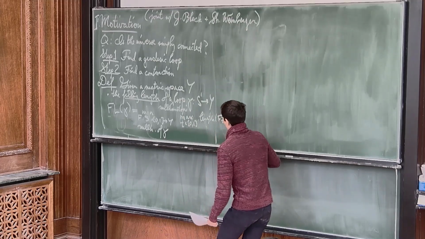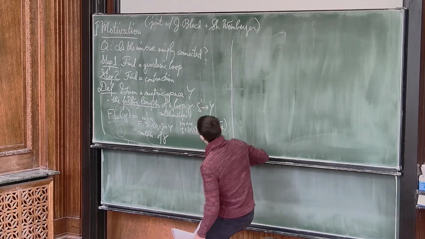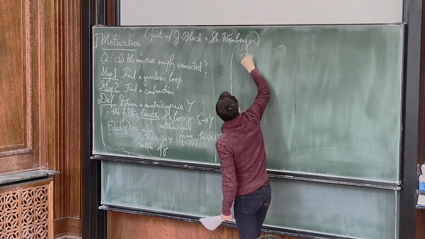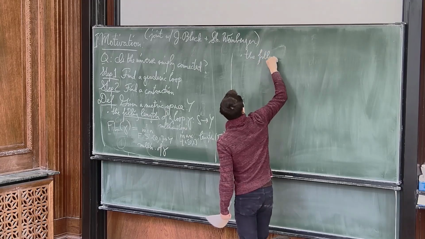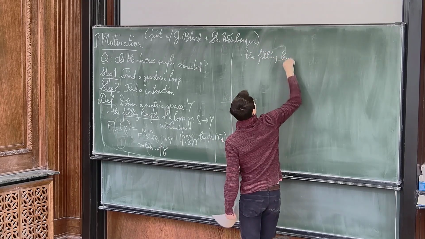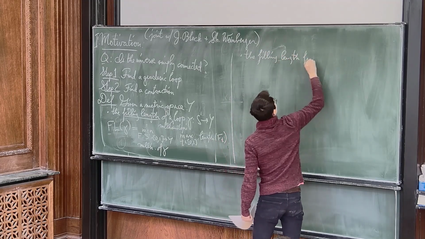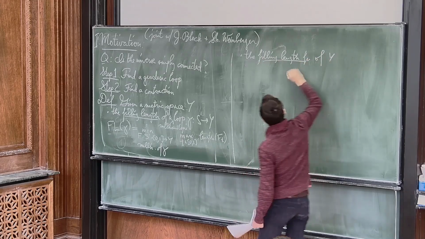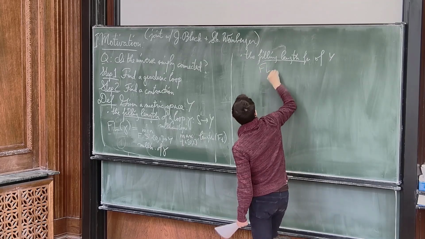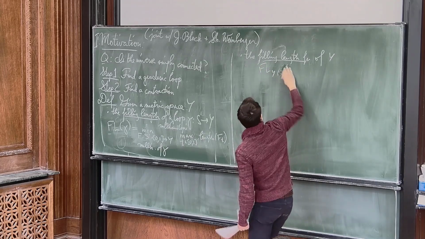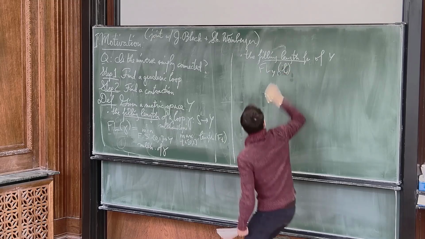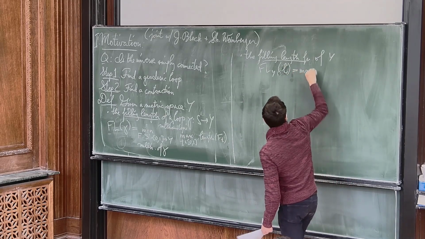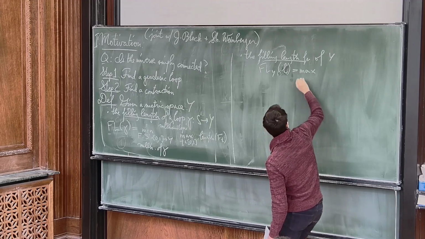And now that we've defined it for a single loop, we can also define the filling length function of Y to be, right, you plug in some length and you maximize this over all loops of that length.